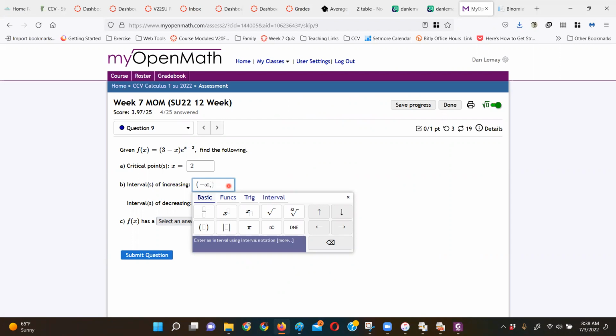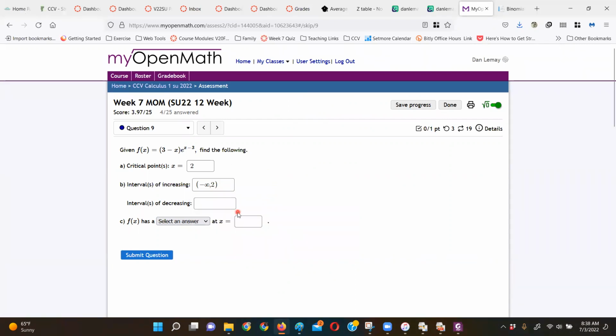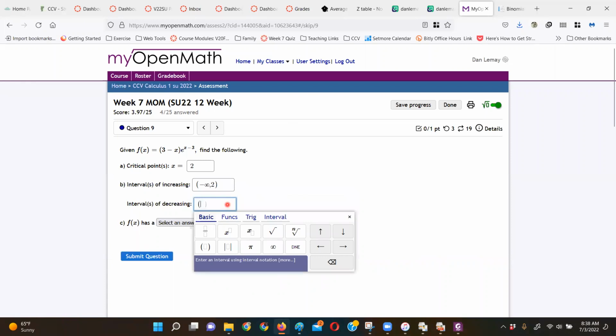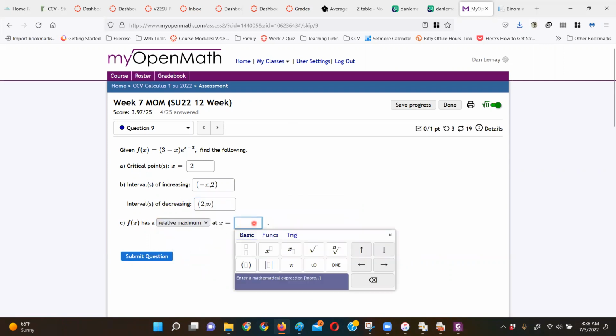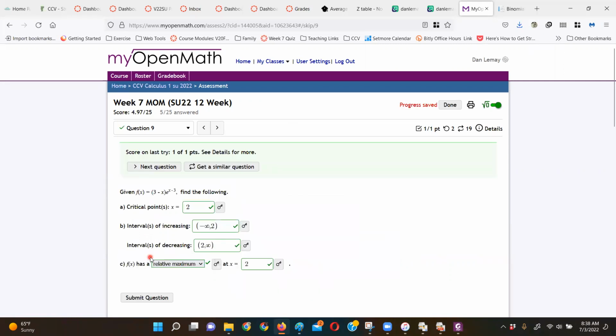Yeah, increasing, that's what I want. Increasing from negative infinity until 2. And that's the only place it's increasing. And then it's decreasing from 2 to infinity. And there's a maximum at x equals 2. Bazinga.